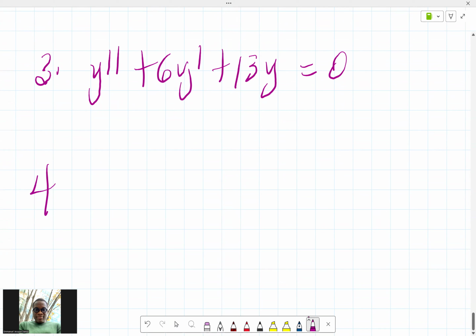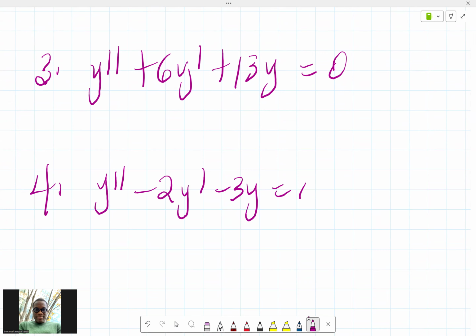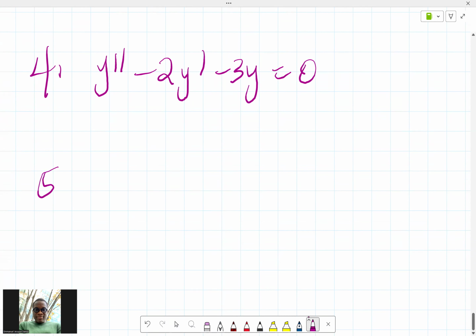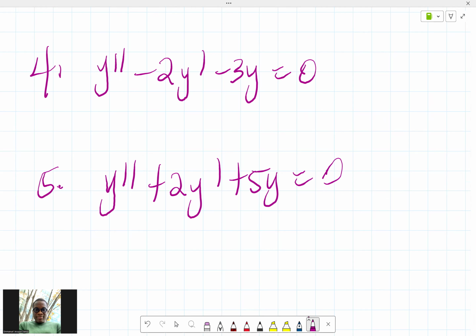Then number 4, y prime prime minus 2y prime minus 3y equals 0. 5, y prime prime plus 2y prime plus 5y equals 0.